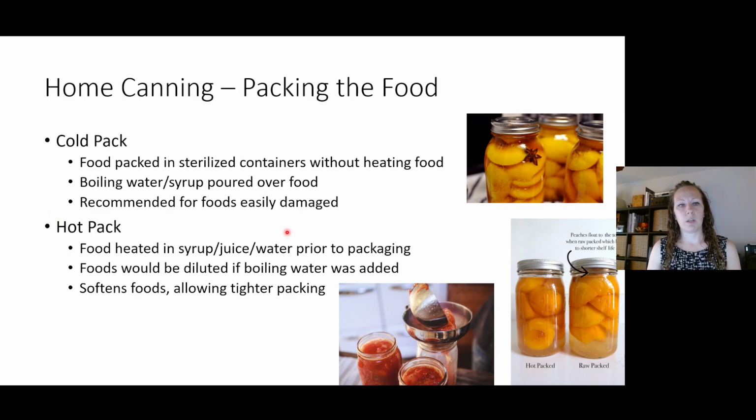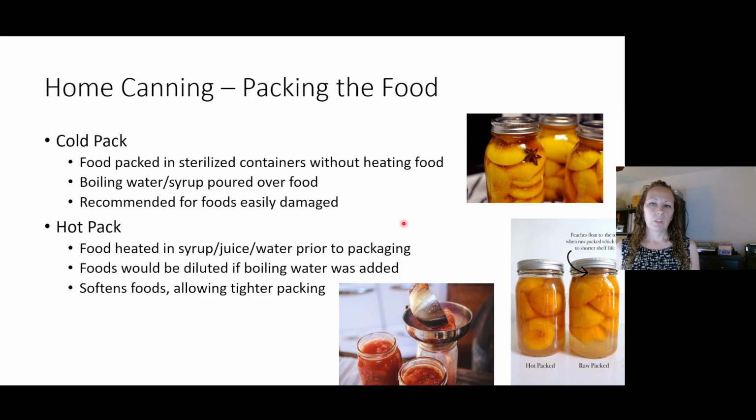This is most recommended for foods that are easily damaged. So, peaches is the example the book uses. Also, pickles or tomatoes that are uncooked that you want to keep that uncooked consistency. Anything that you're trying to retain the crunch of it. Also, potatoes, right? Potatoes soften really easily if they're heated too much.